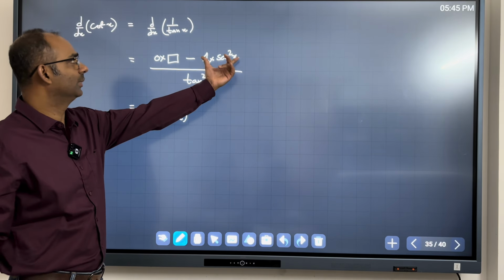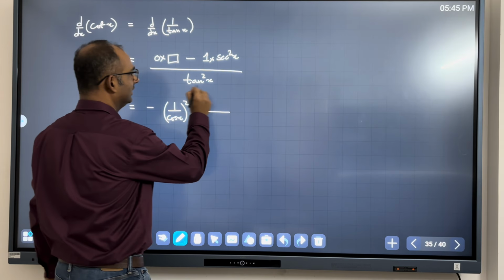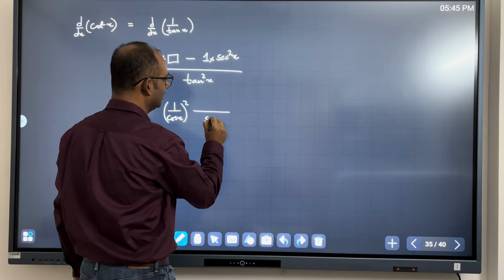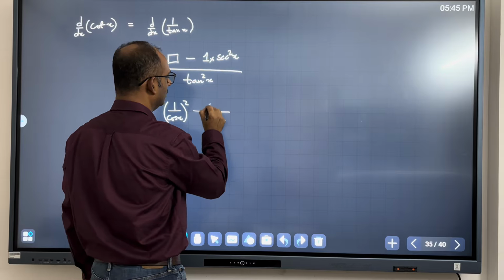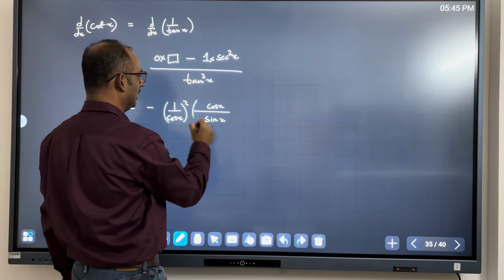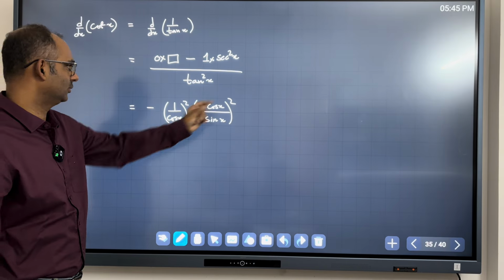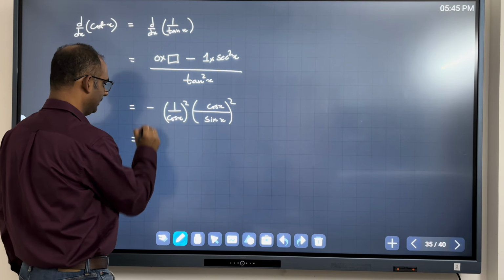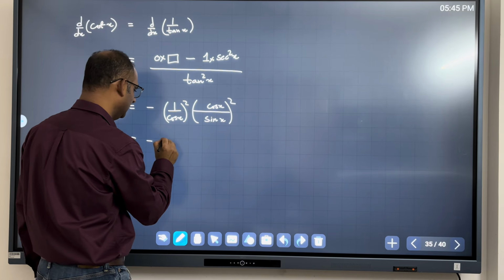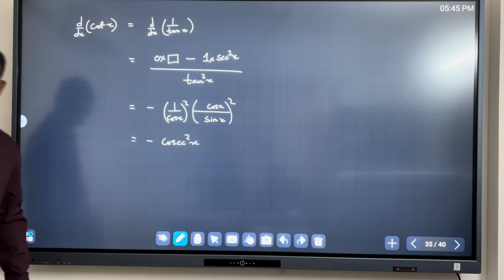That is the numerator part. Now in the denominator, what do you have? Tan square x. But tan is sine over cos, so square of this. You see cos square x and cos square x cancel. You have this minus sign here. 1 over sin square x is cosecant square x.